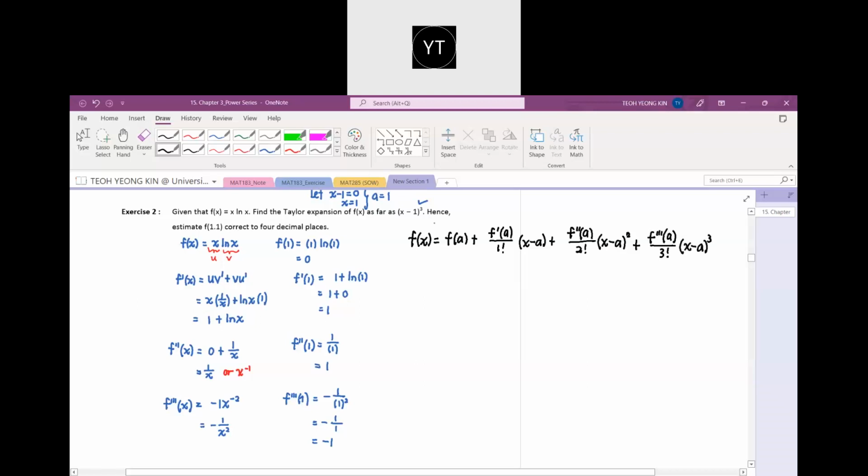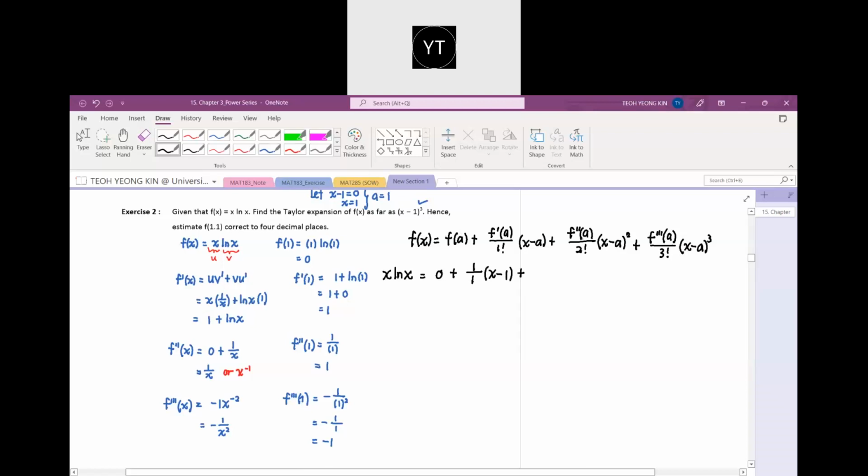So now our fx. What is our fx is? X ln x is equals to the first one, fa. Fa is 0. So 0. Plus f prime a. F prime a is 1. 1 over 1 factorial ni adalah 1. Times x minus a. A kita adalah 1.